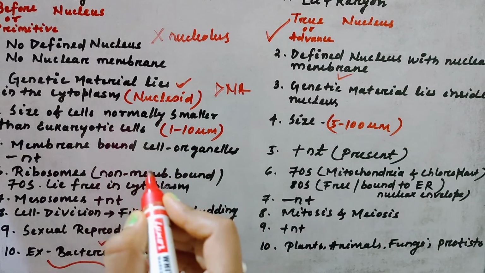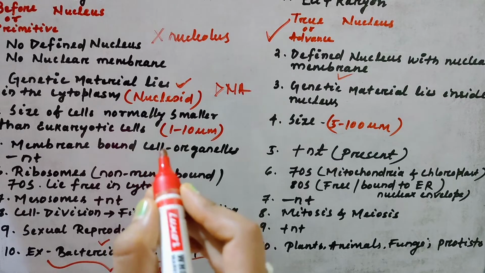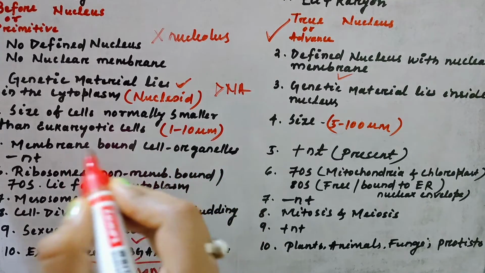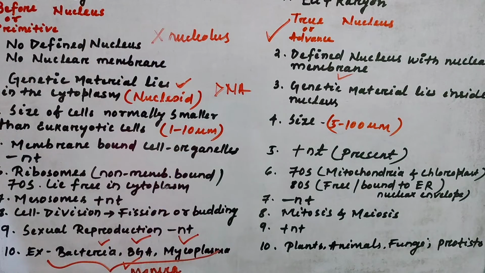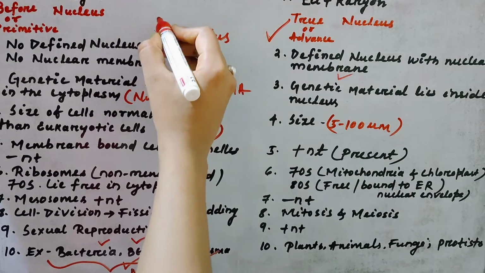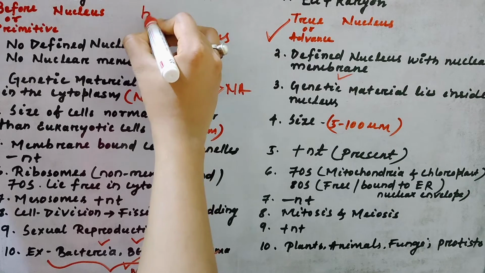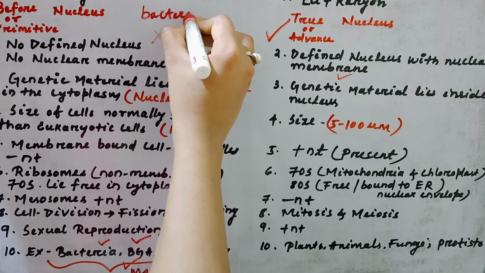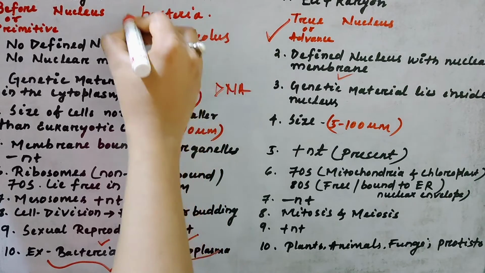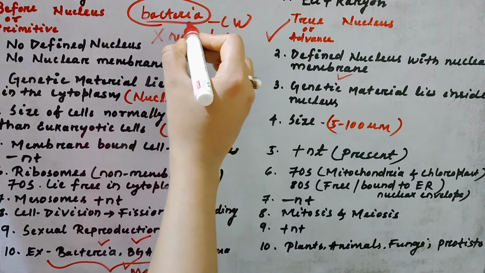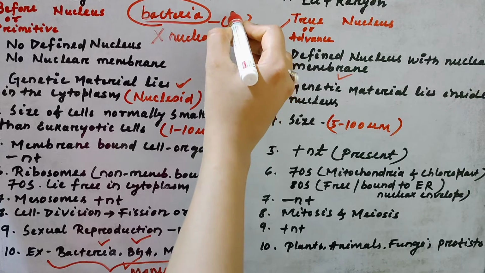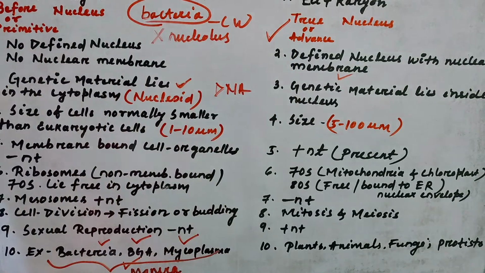Another point is, in a previous video I said that the cell wall is only present in plant cells, but here I want to add another point. The cell wall is also present in bacteria, that are prokaryotic cells, and this cell wall is non-cellulosic type.